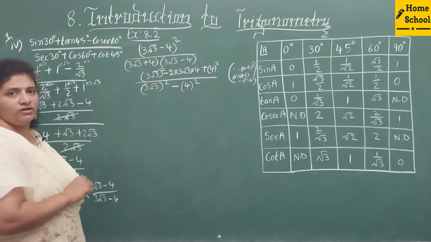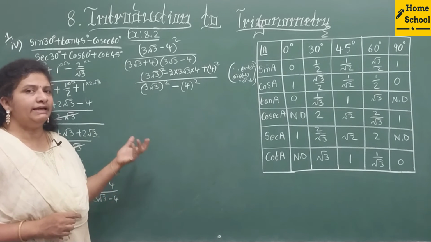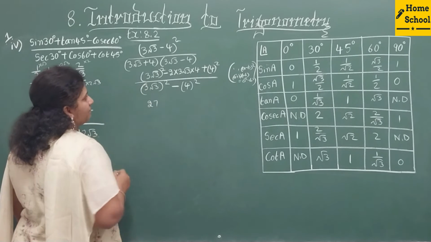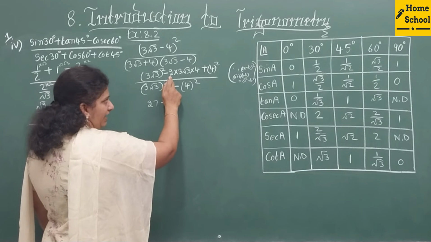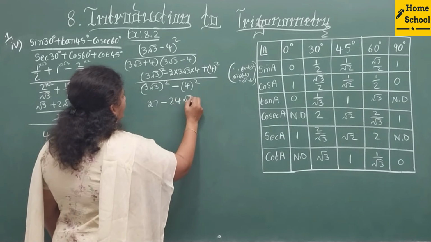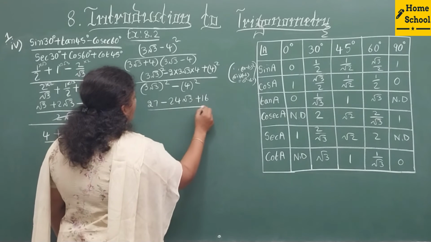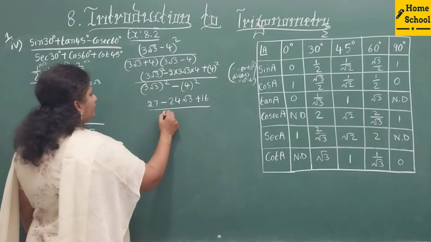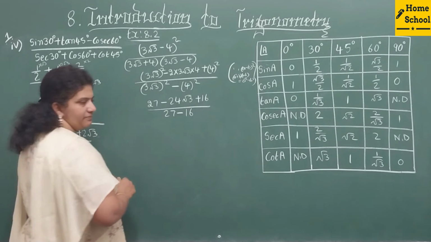What is 3 root 3 whole square? 3 3s are 9, root 3 into root 3 is 3, 9 3s are 27, minus 4 2s are 8, 8 3s are 24 root 3, plus 4 4s are 16, whole divided by, again 3 root 3 whole square is 27 minus 4 4s are 16.